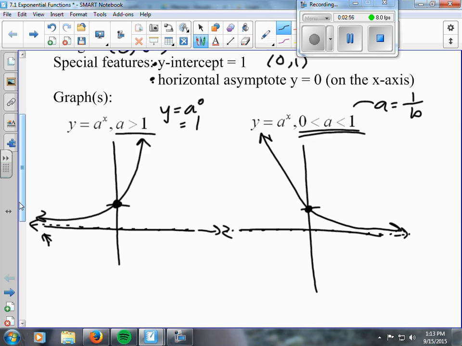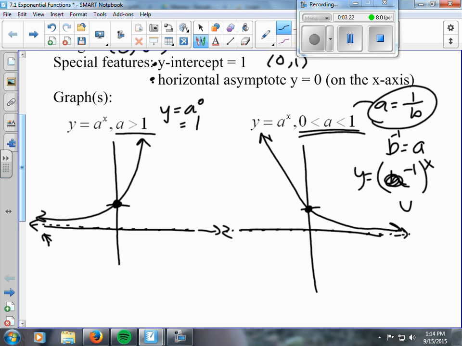Another way of thinking about this is if a is a fraction and a equals 1 over b, that means that b to the negative 1 is a. And so think about that as a to the negative 1, raised to the x. So that's why y equals a to the negative x if a is a positive number larger than 1.